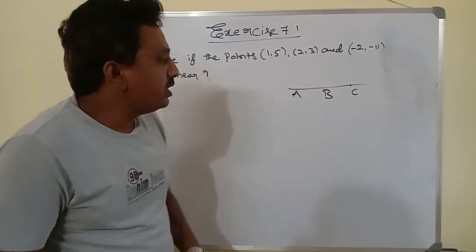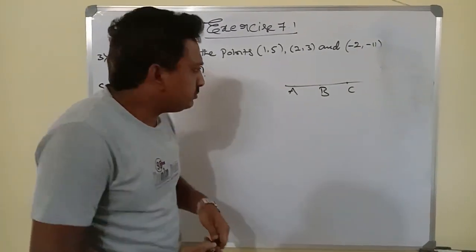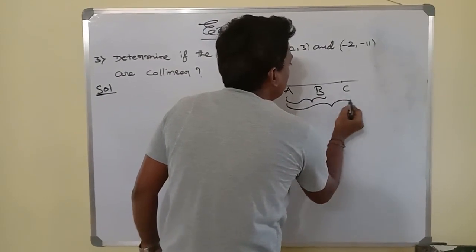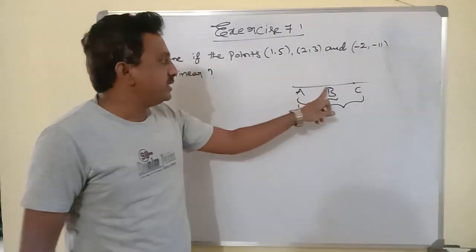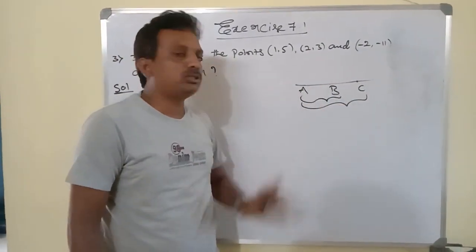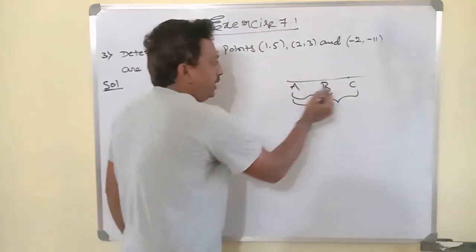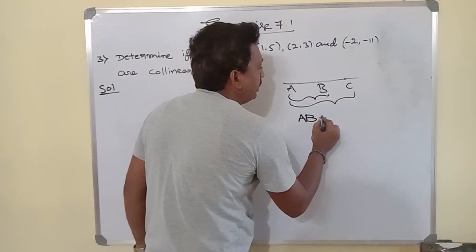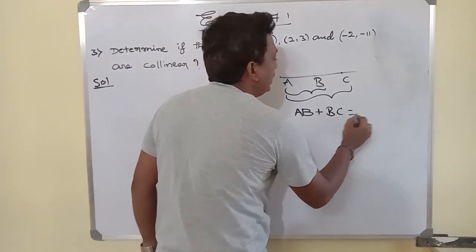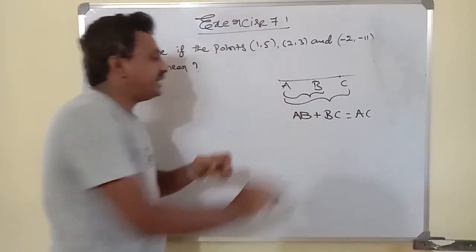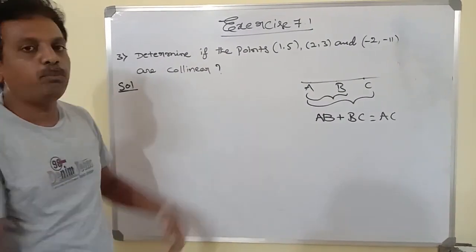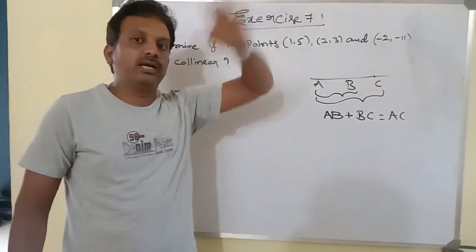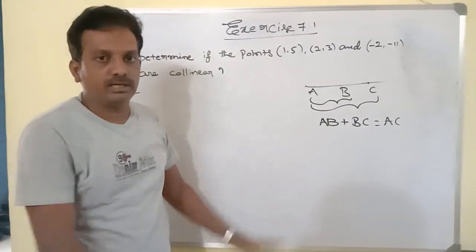Otherwise, go to the simple method: AB has some distance, AC also has some distance. If AB plus BC equals AC is satisfied for the given 3 points, then the points are collinear, otherwise they are not collinear.